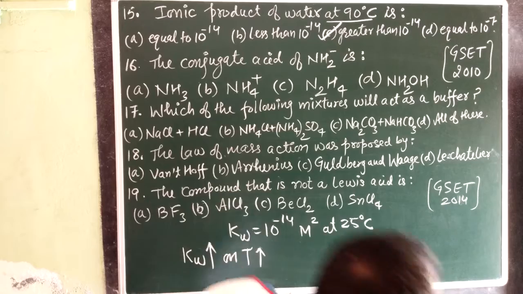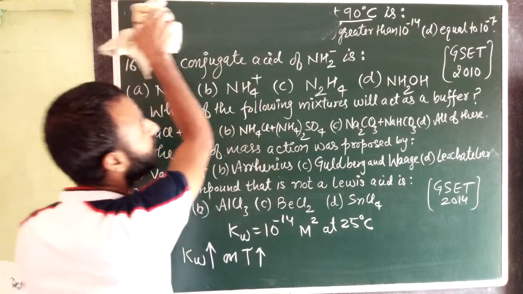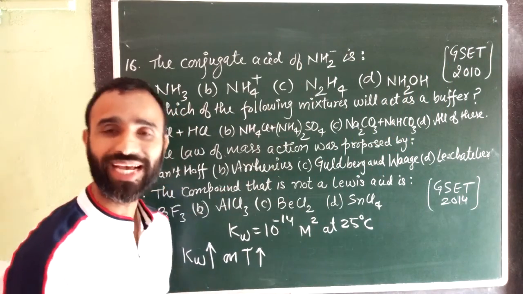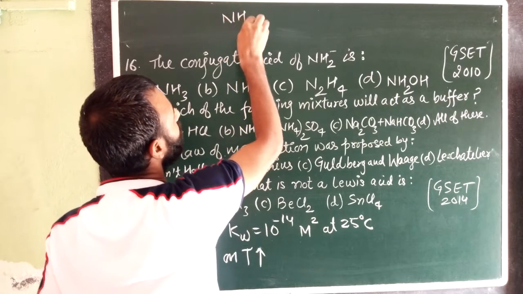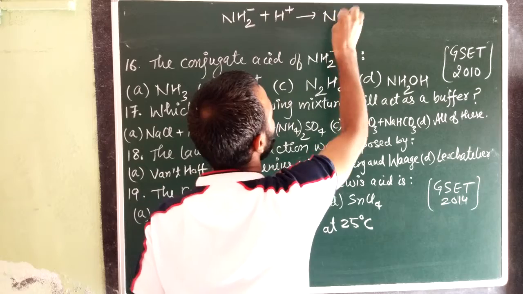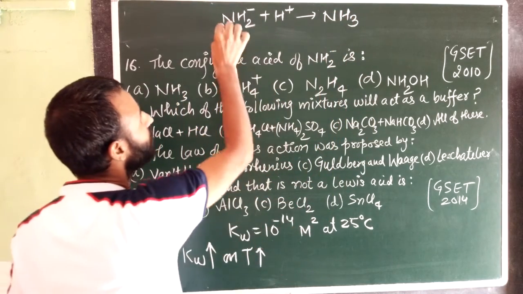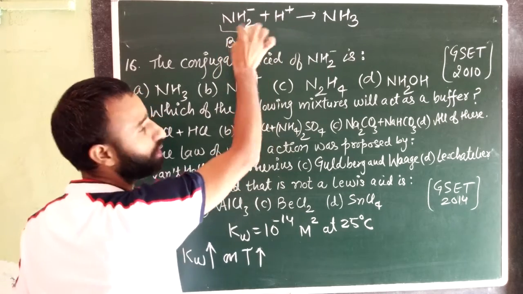Okay, now come to the next: conjugate acid of NH2 negative. So you know conjugate acid and base differ by one H plus ion. If you see in this equation, this is a base because it accepts H plus ion.